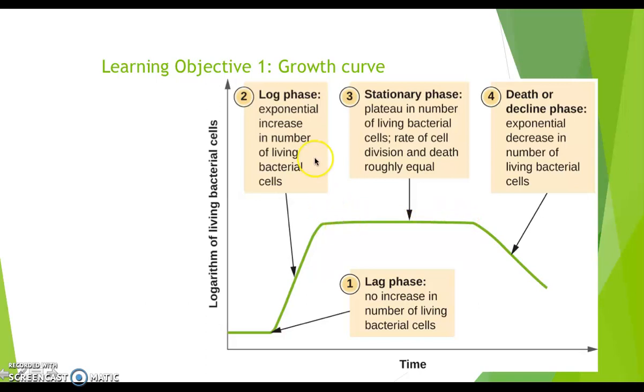Now, antibiotics are most effective in this stage here, the log phase. When cells are growing really rapidly, they're vulnerable to interference from different medications, which is why it's important to get a bacterial infection diagnosed early, and also to always take the antibiotics consistently until it's all the way done.